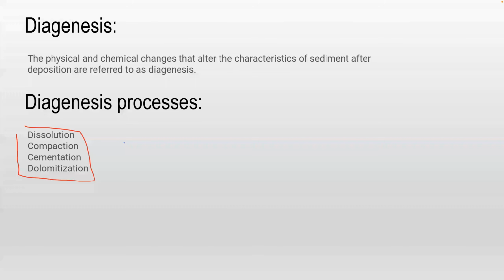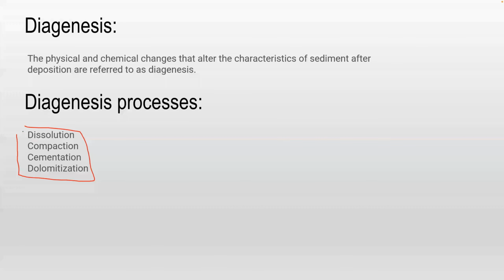For example, dissolution, compaction, cementation, and dolomitization. They are important. We have other types of diagenesis, for example, recrystallization and micritization, but they are not as important as these 4 processes.